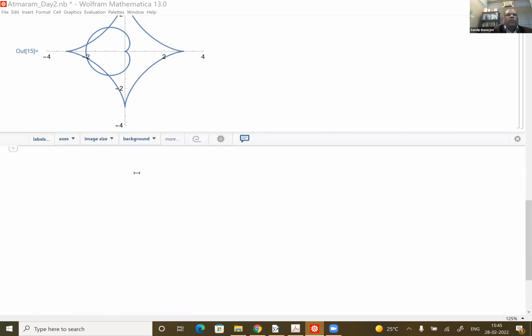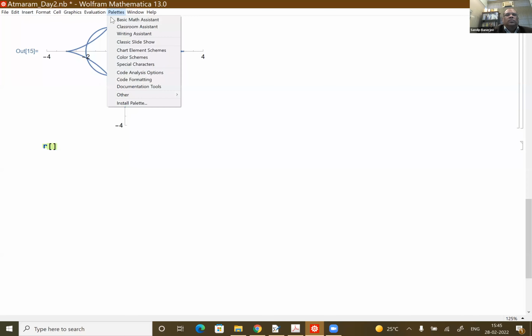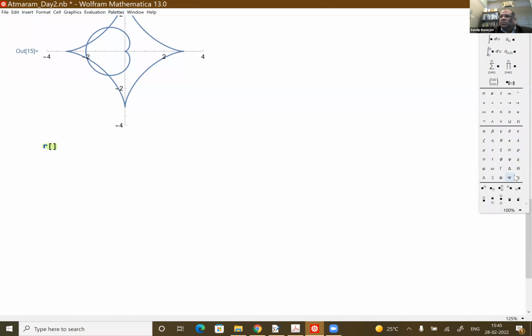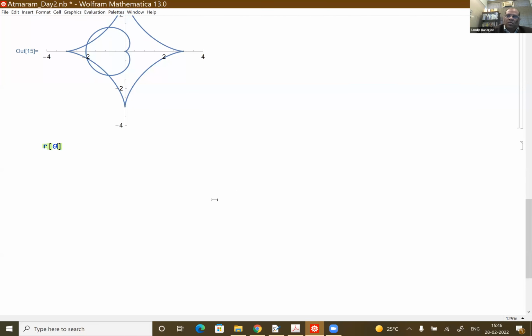Let me quickly move. Okay. Say we have r theta. If you don't have a theta, you put any variable which you can put by your keyboard.